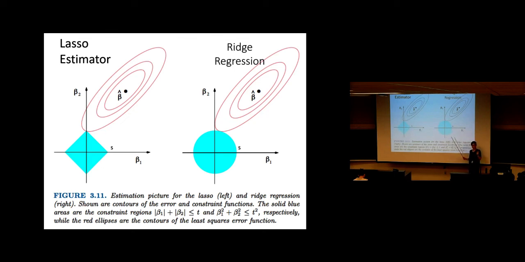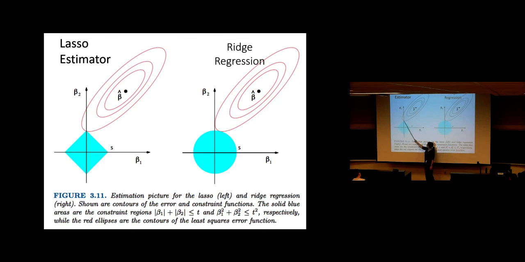We already derived that the ridge solution has the shrinkage. In this figure, I'm shrinking beta 1 to here, and shrinking beta 2 to here. There's a shrinkage effect, but it doesn't shrink to 0. Lasso is also shrinking, but the shrinking is a little bit different.